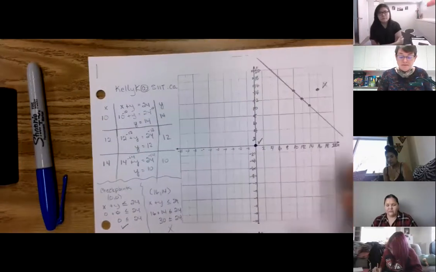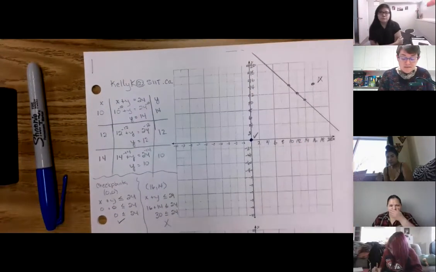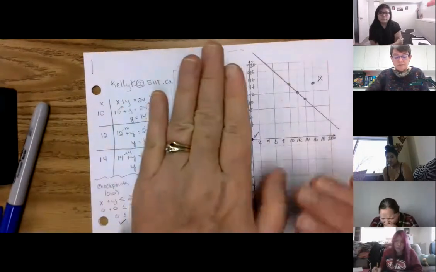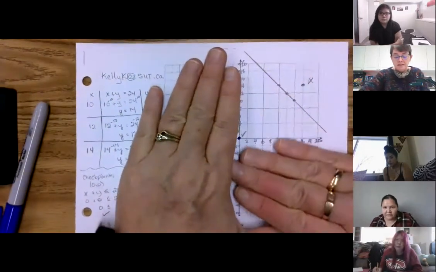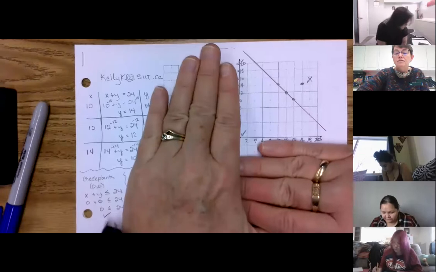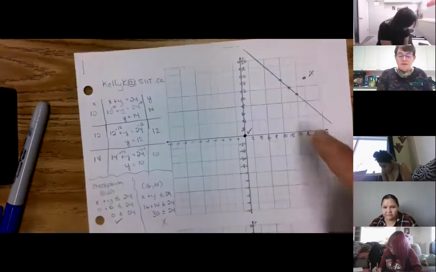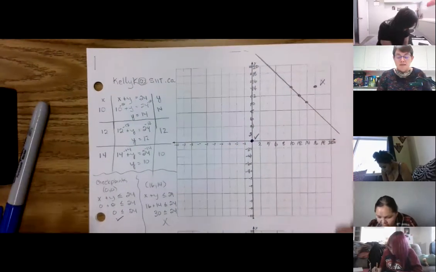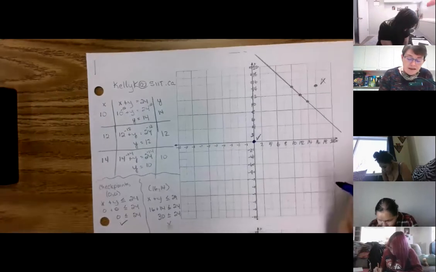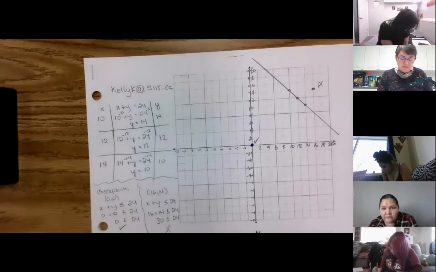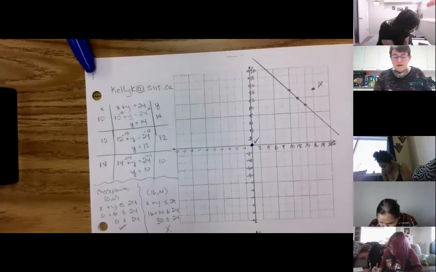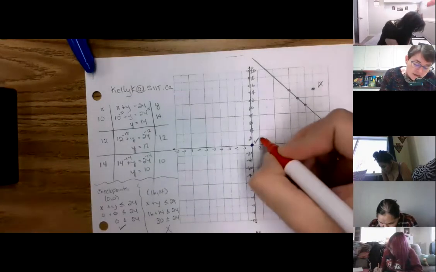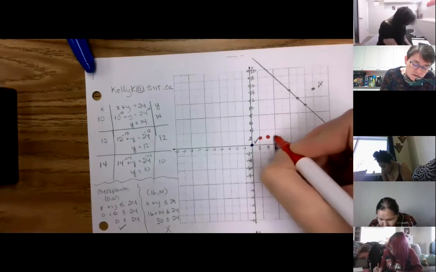All right, so I'm going to start dotting. It's going to be in the first quadrant. So this is all I'm allowed to use because I have to have positive numbers, and this is the only area that is positive. And I can't be on the axis, so there's no zeros.